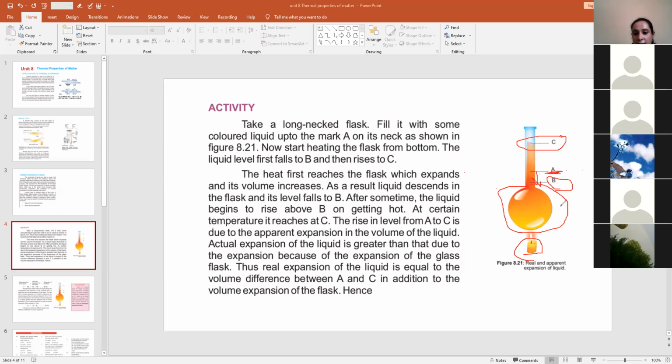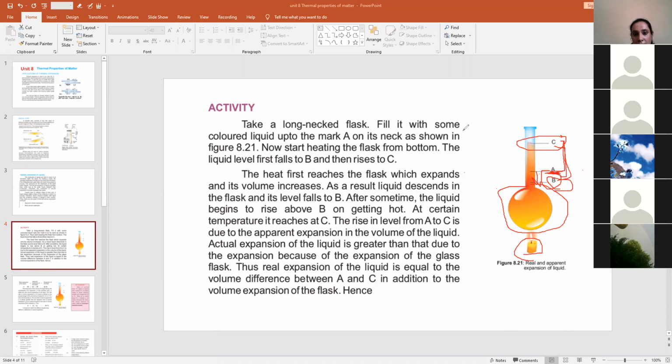Initially the level is at point A, after that the level of the liquid falls to point B, and when we continue giving heat to the flask and liquid, the level rises from B to C. Normally if we see this flask, we can say that the level increases from A to C, but actually the level is increasing from B to C, because this is the real expansion from B to C, and this is the apparent expansion from A to C, if we didn't notice that the level fell from A to B, right?